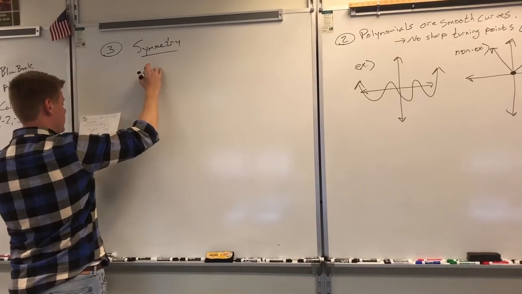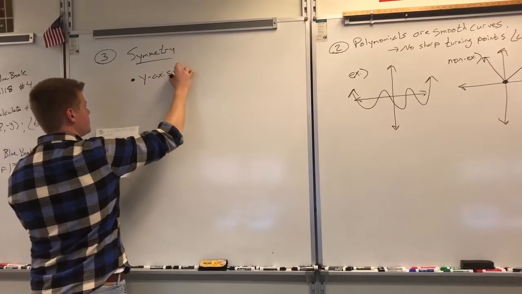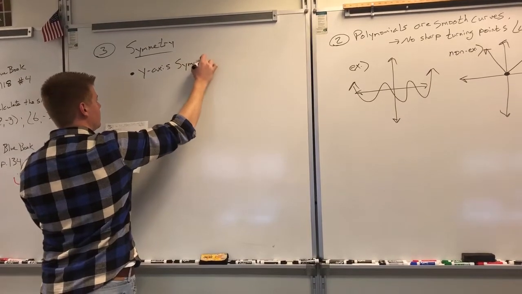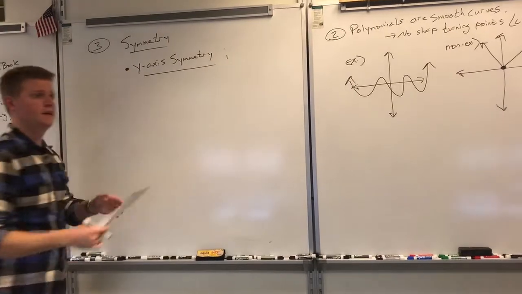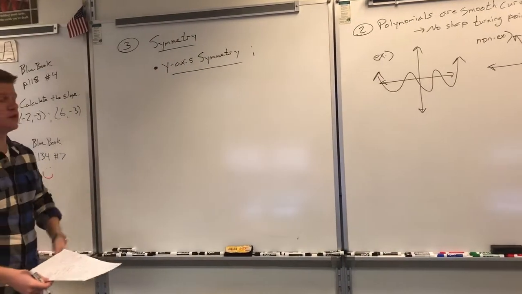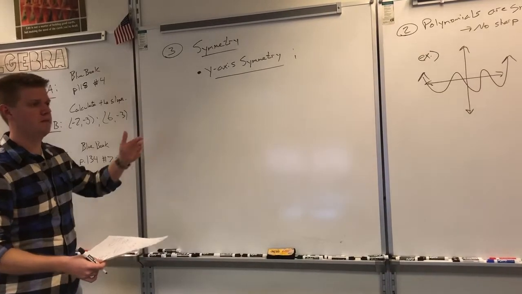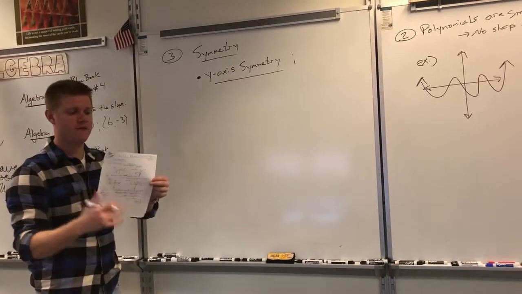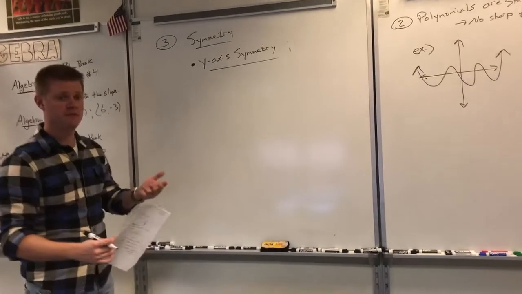First one being y-axis symmetry. Now the other key piece of information to keep in mind, if it has y-axis symmetry, once again, meaning that if I fold the graph over the y-axis, it directly lines up on top of itself.